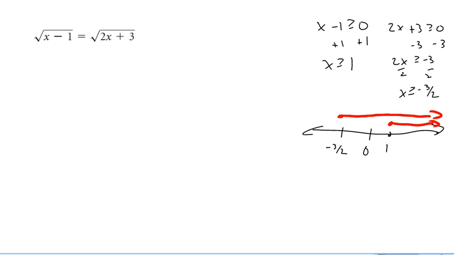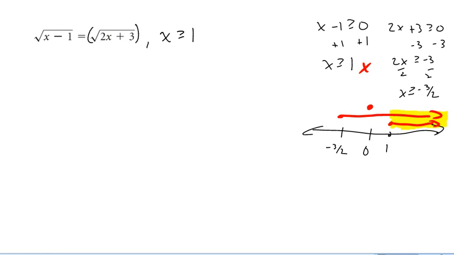For example, if I had x equals 0 here, then that wouldn't be greater than or equal to 1, so this one would be no good. So really we're looking at this area over here where both of them are true. So what we really need is x to be greater than or equal to 1. Okay, that was pretty much the hardest part of this.